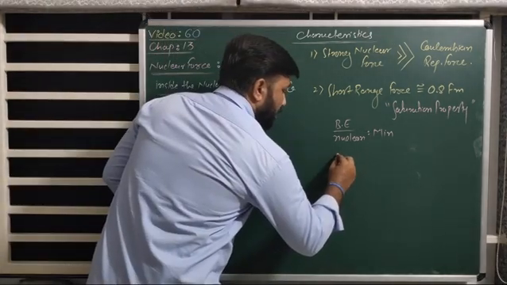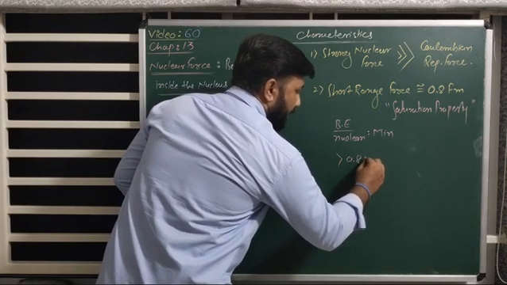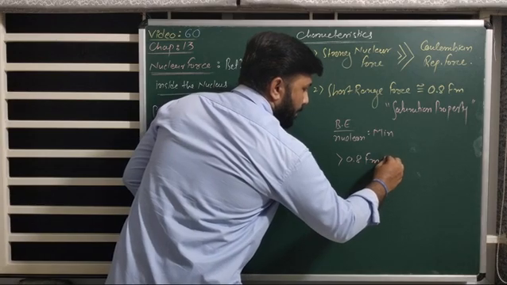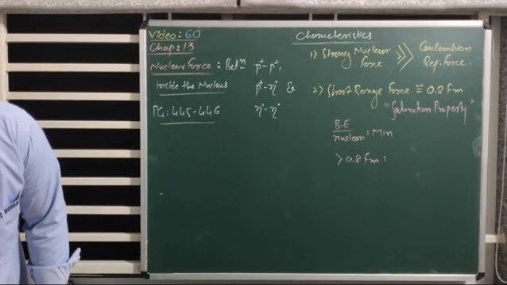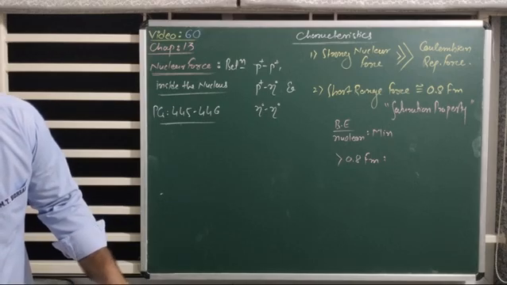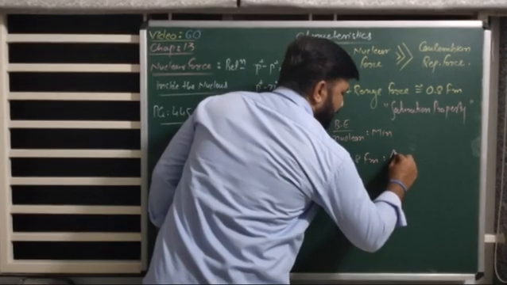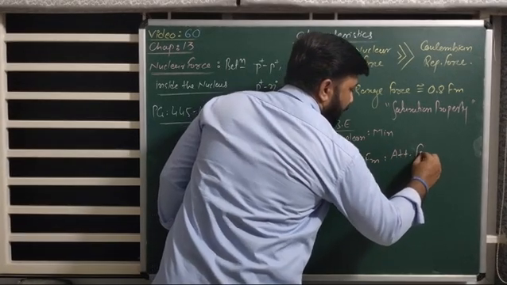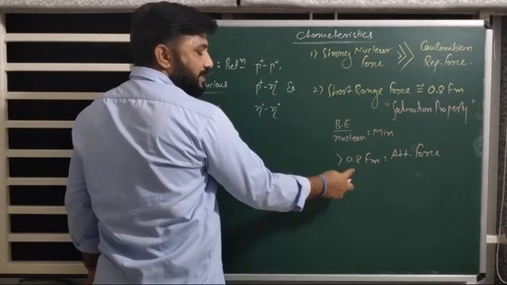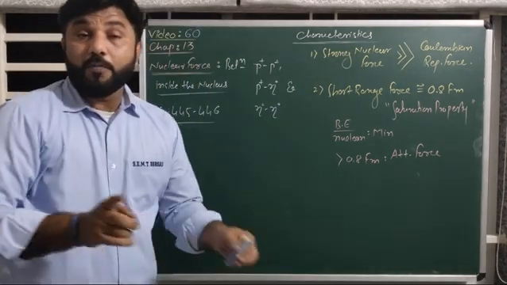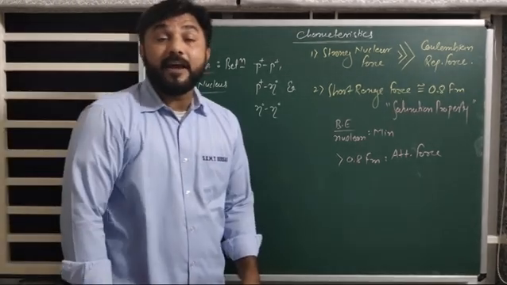If the distance is less than 0.8 FM, if the distance is less than 0.8 FM, then there is a attractive force. Means the strong nuclear force exists up to 0.8 FM or less than 0.8 FM.